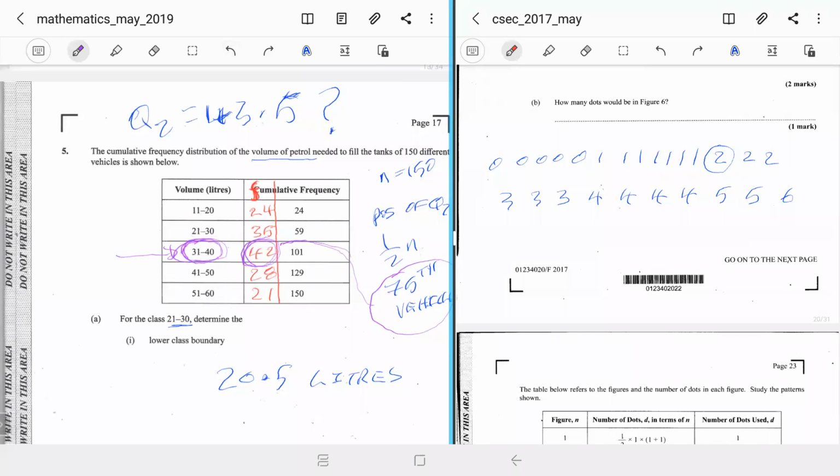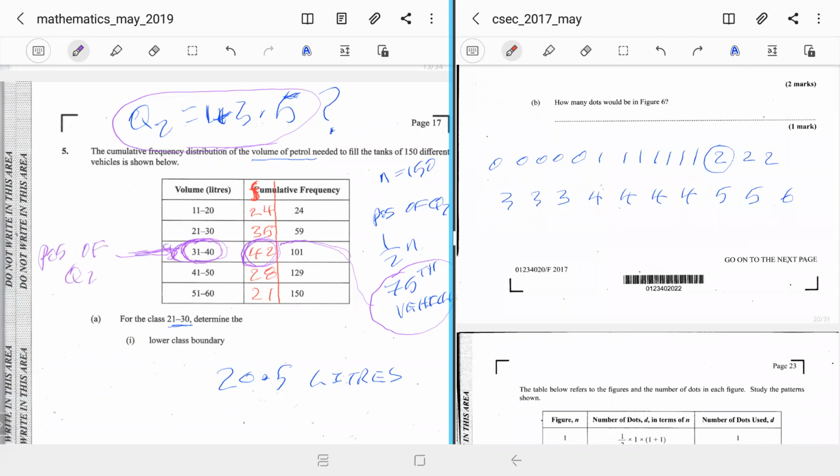So when I'm telling you the Q2 is 43.5, you can see why it's wrong now? You can see why 43.5 is not the correct median? Yes, sir. Because the correct median is somewhere here. This is the position of Q2.